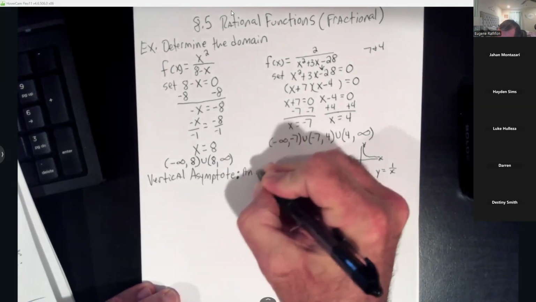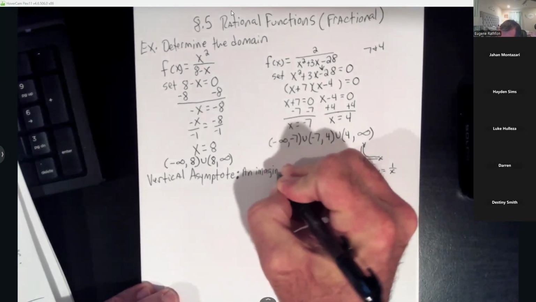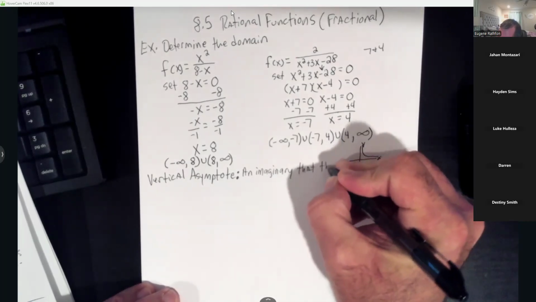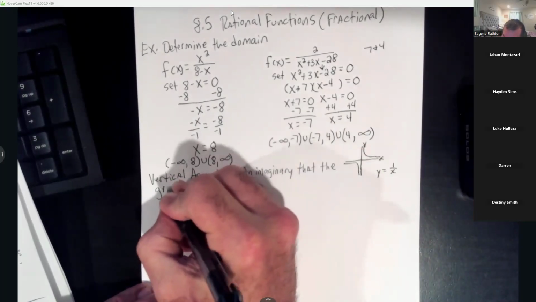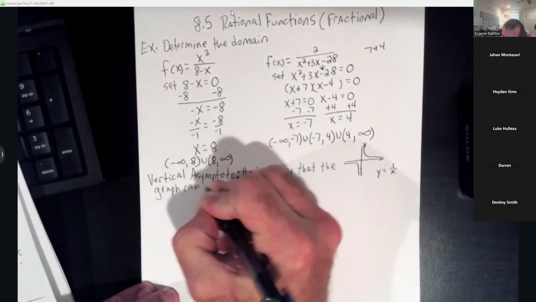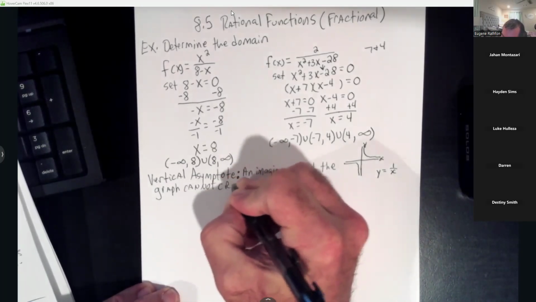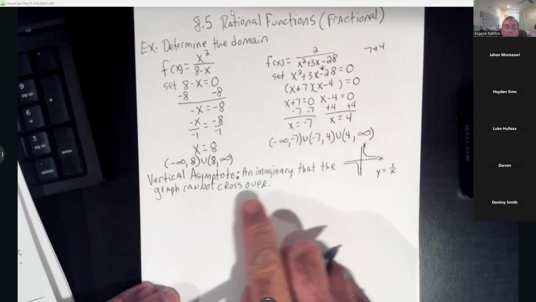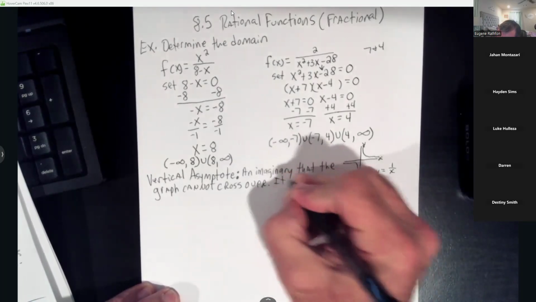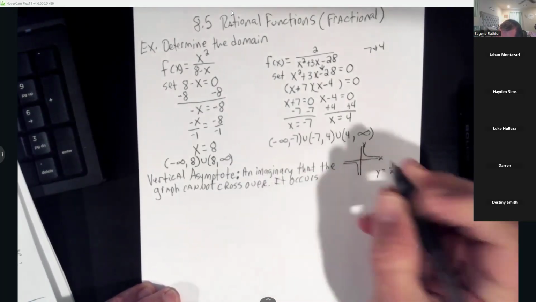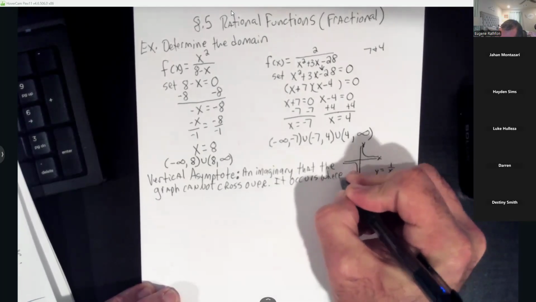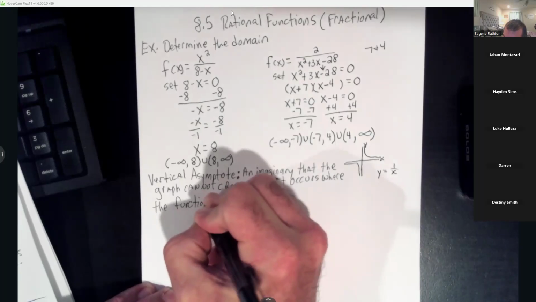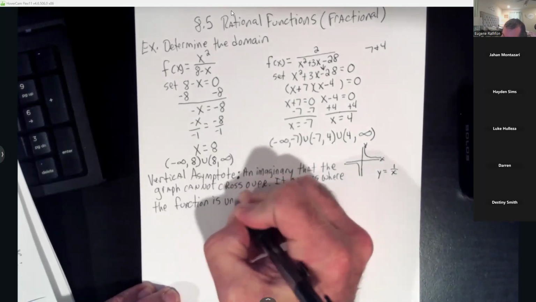It's an imaginary line that the graph cannot cross over. All right. It occurs where the function is undefined.